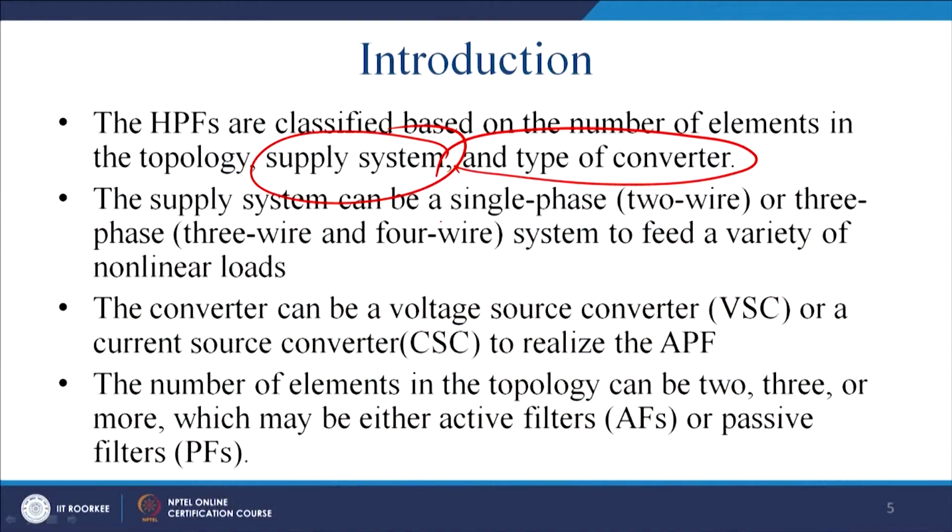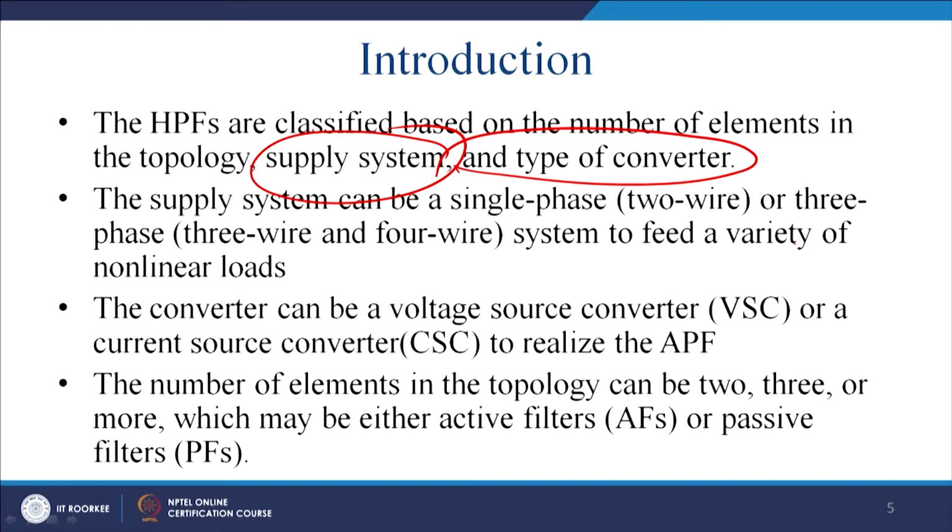I will discuss in detail some topological developments with the hybrid filter. The supply system can be single phase, as it is the same as for the shunt active power filter, there is not much difference, or 3 phase 3 wire or 4 wire system, varied to fit a variety of nonlinear loads.